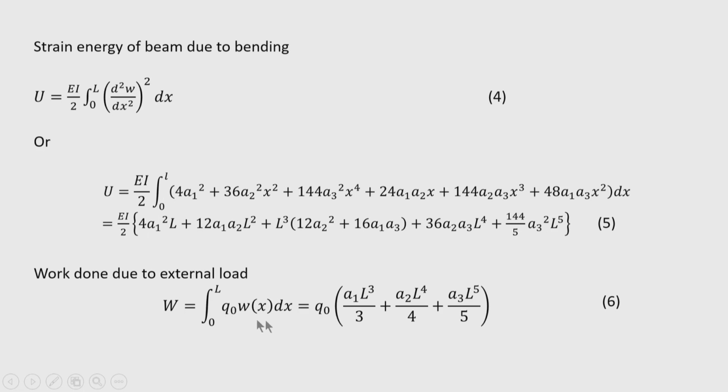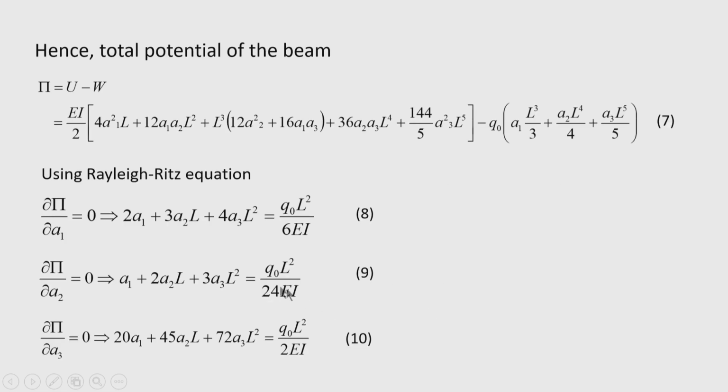Work done by the external load is calculated as this, because this is a very simple integration, no derivative of the W is involved. So, we calculate this quantity, and then the total potential is obtained, and using Rayleigh's equation, because here 3 constants are involved, 3 terms are used in expressing the deflection.